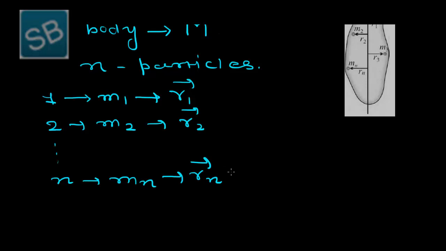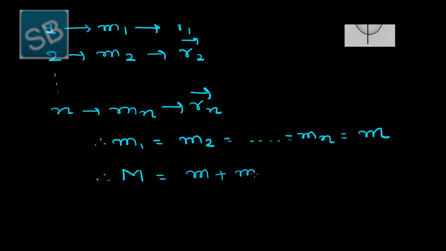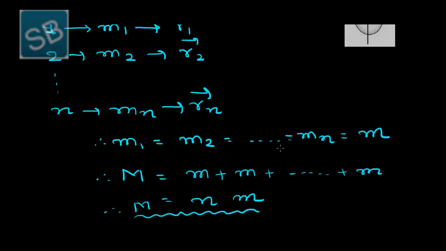Now, one thing you should consider is that the mass of all the particles remains constant, and therefore m1 is equal to m2 is equal to mn, and generally I am writing it as small m. So the total mass of the system will be m plus so on, that is n times m. So the total mass of the system has been obtained.